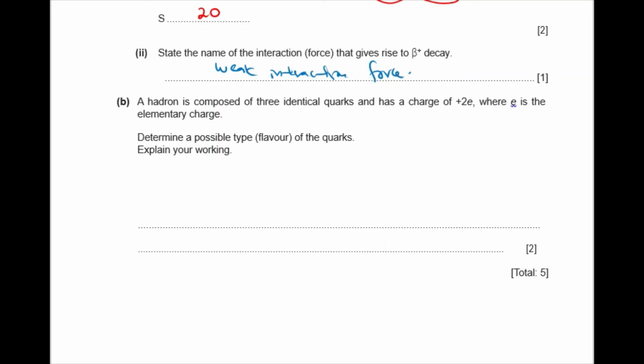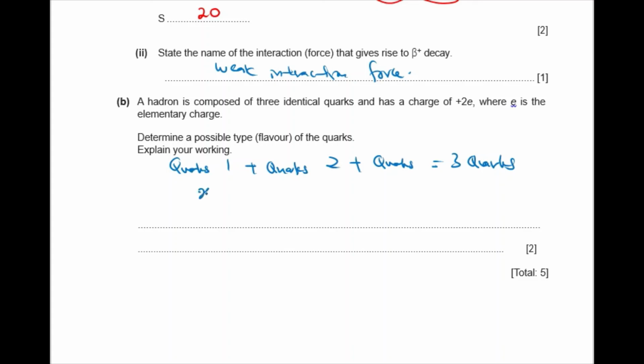B. A hadron is composed of 3 identical quarks and has a charge of positive 2e, where e is the elementary charge. Determine a possible type of the quarks and explain your answer. Okay, so this hadron has 3 identical quarks. So we have quark 1, and then quark 2, and then quark 3, equal to 3 quarks of the hadron.